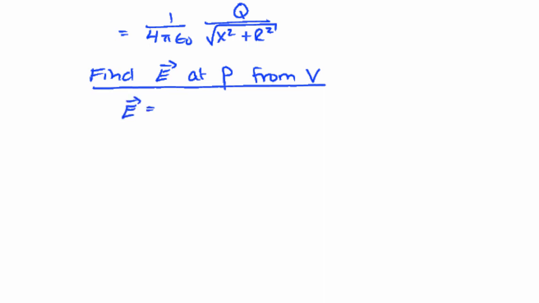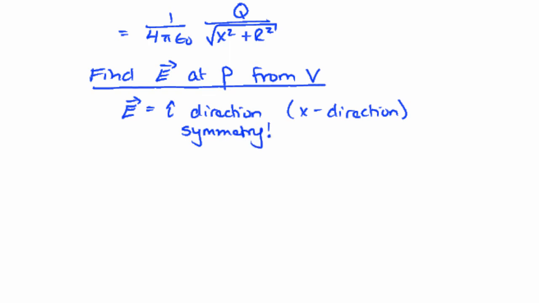Due to symmetry, which we talked about in the previous example, I can tell that the electric field is only going to be in the i hat direction. In other words, it's only going to be in the x direction. This is due to symmetry: everything on the positive y-axis is also on the negative y-axis, so they cancel, and there's no electric field in the y direction. So I can focus solely on the electric field in the x direction.